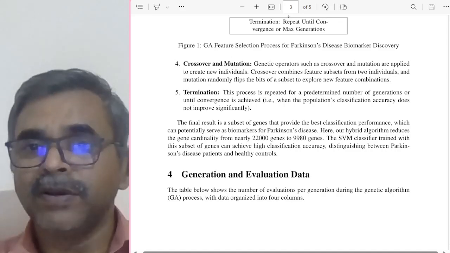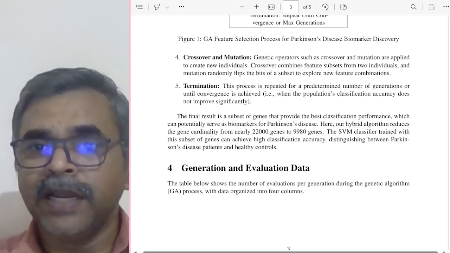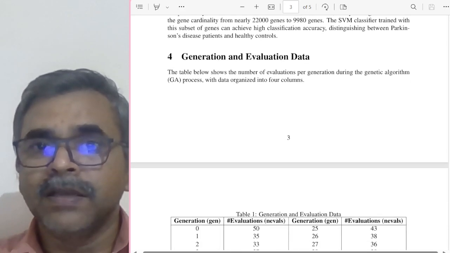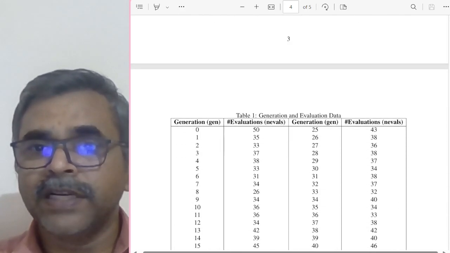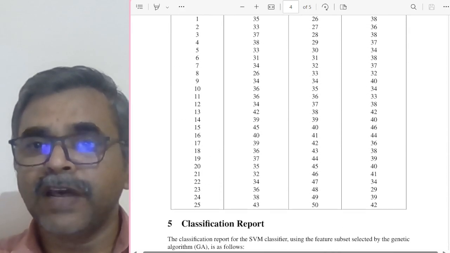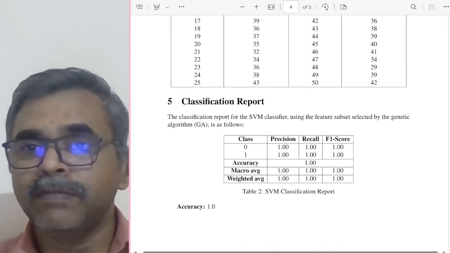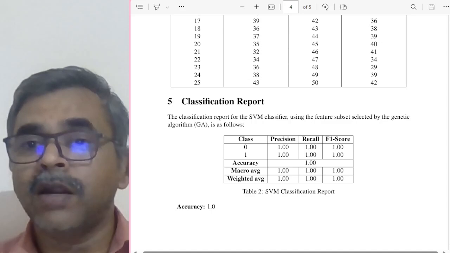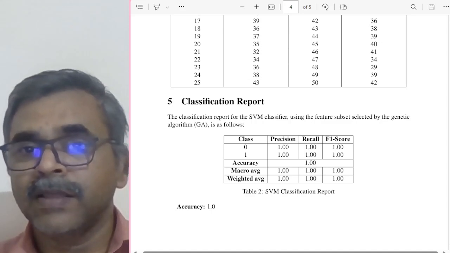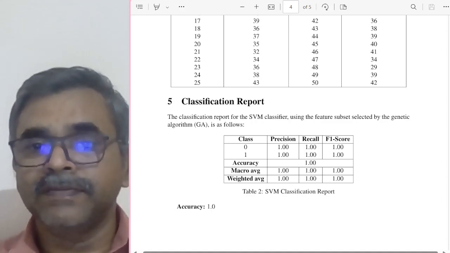So this is my own work which I integrated here. This was the data we generated. These are the evaluation values generated, and this is the classification report, which returned nearly 100%. So a very good result was found.